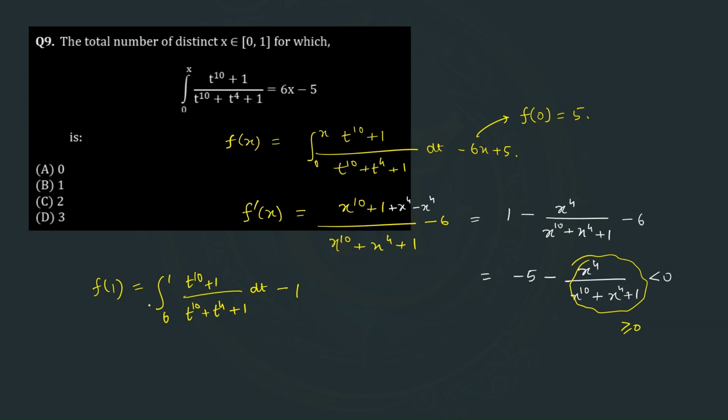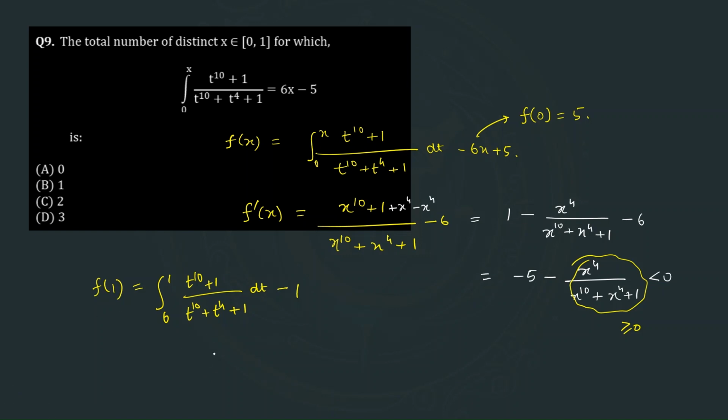Because if f1 is positive, that means fx has no root in this interval. But if f1 is less than or equal to 0, then we can say that there is at least one point x equal to some x naught in this interval such that x naught is the root of this fx. That means this equation will have a solution in this closed interval 0 to 1. So how to find or approximate the value of f1? We have to play with this integral.